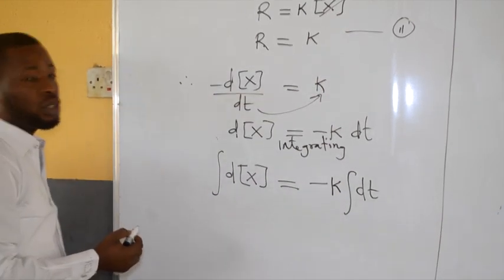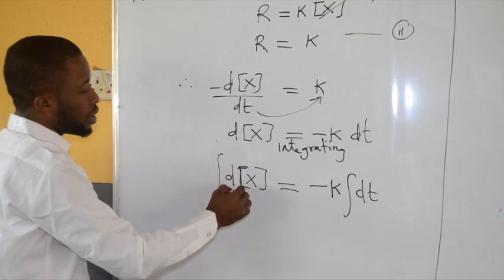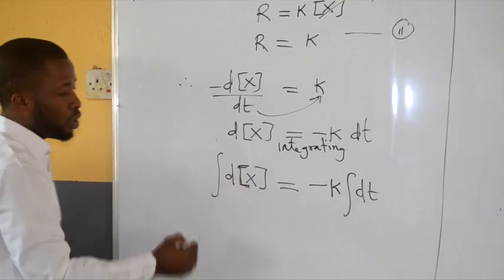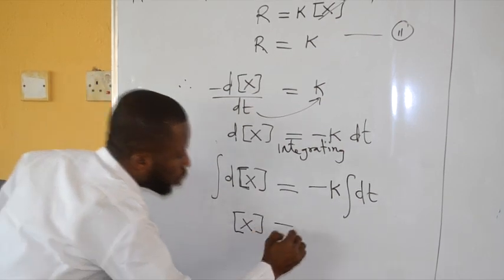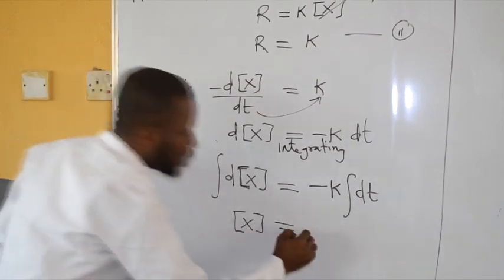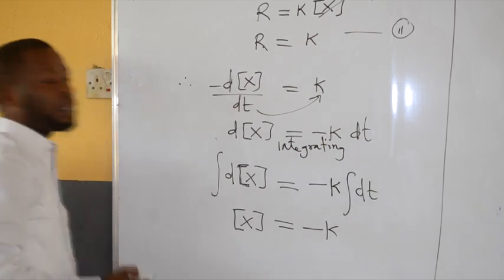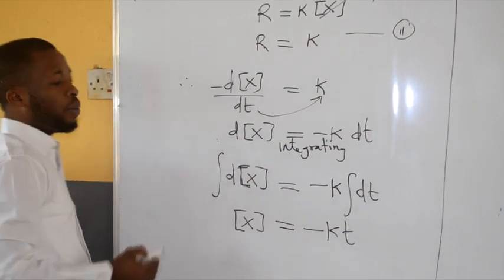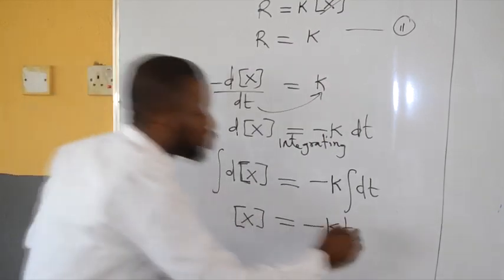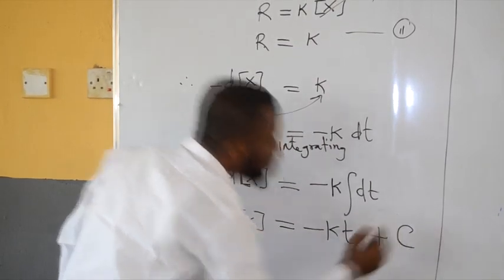Whenever you are asked to integrate the change of a variable, your answer becomes the variable. So x is equal to minus k. Similarly, integral of dt becomes t. And whenever you are done with integrating, you have to introduce a constant c.